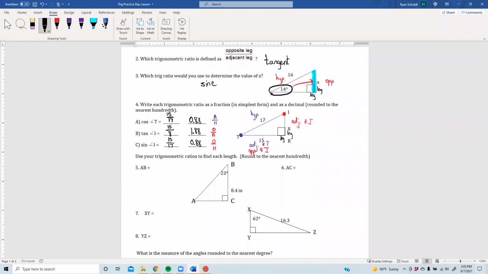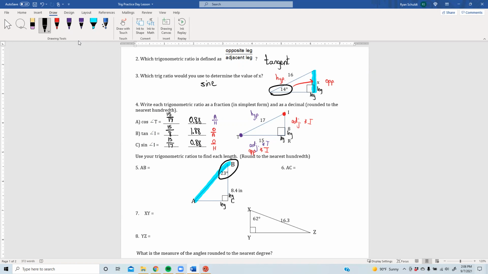So now they want us to use the trig ratios to find each length to the nearest hundredth. So for number 5, they ask us to find AB. So there's the one we're finding. Here's our leg, here's a leg, and then here's the angle they give us.